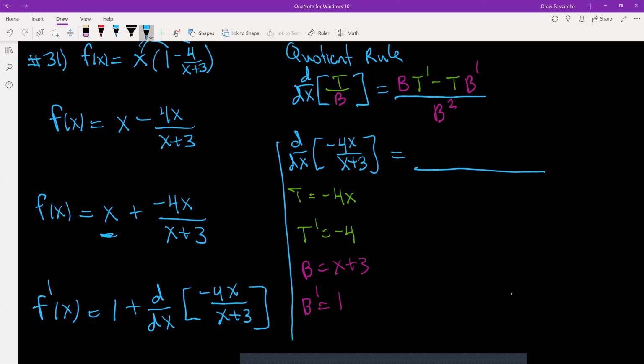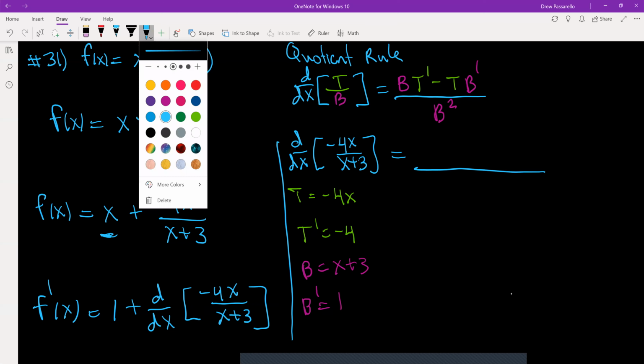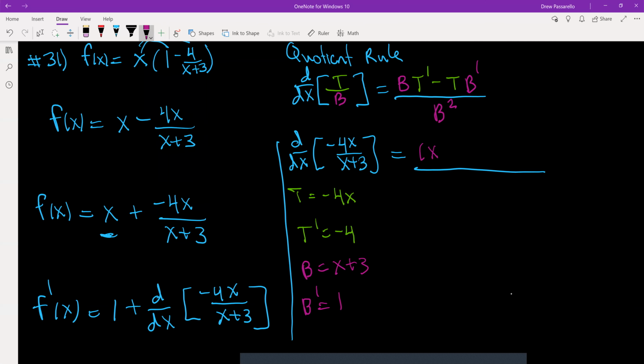So it's the bottom function times the top derivative, so x plus 3 times the derivative of the top function, which is negative 4.